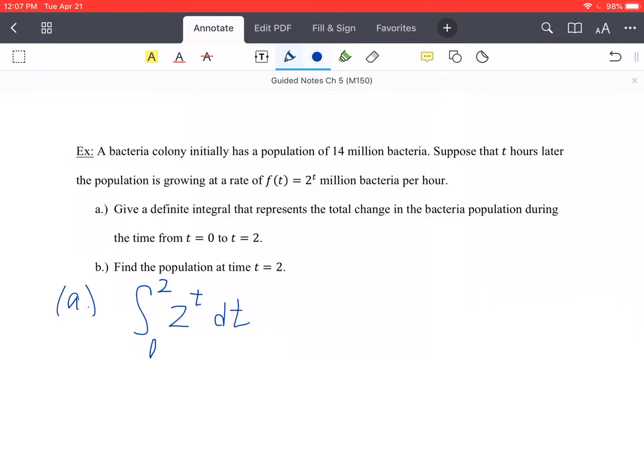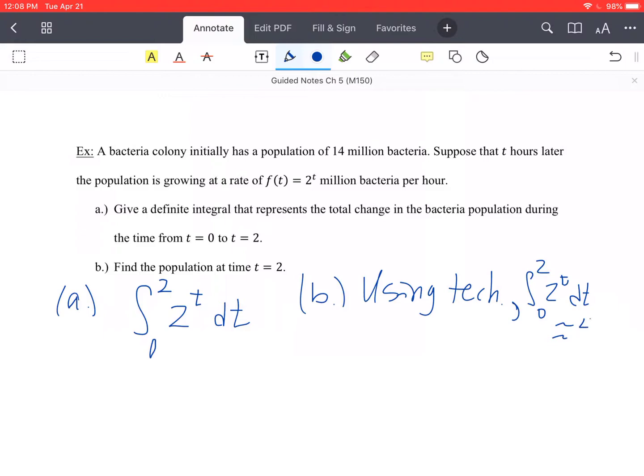And then for part B, finding the population at time t equals 2. Using technology, we can get the value of the integral. The integral from 0 to 2 of 2 to the t dt is approximately 4.328.